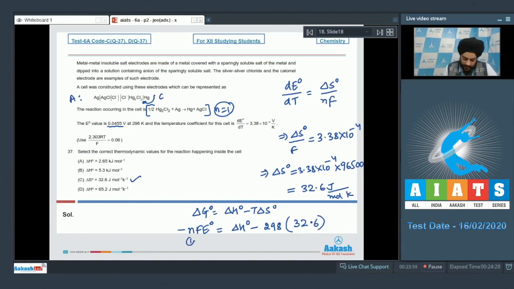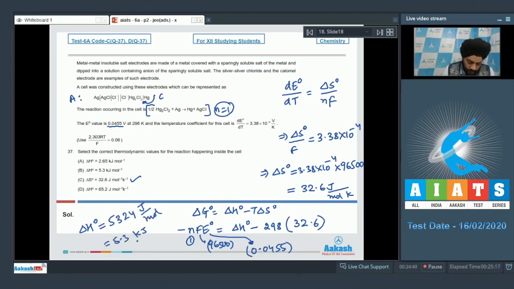The value of n is equal to 1, the value of F is 96500, and the value of E0 given to us is 0.0455. Solving this equation for delta H0, we have the value of delta H0 as 5324 joule per mole, students. This can be converted into 5.3 kilojoule per mole.